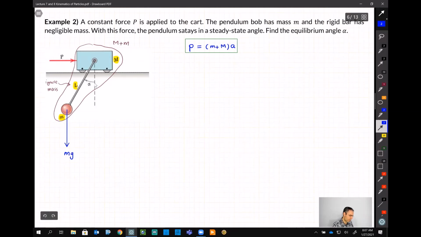Well, I know that this link applies a load, a tension, and let's call it T. We have just one link, and this link can apply either a tension or compression, which obviously from this mechanism you can see is under tension. So this is the force diagram that we have.